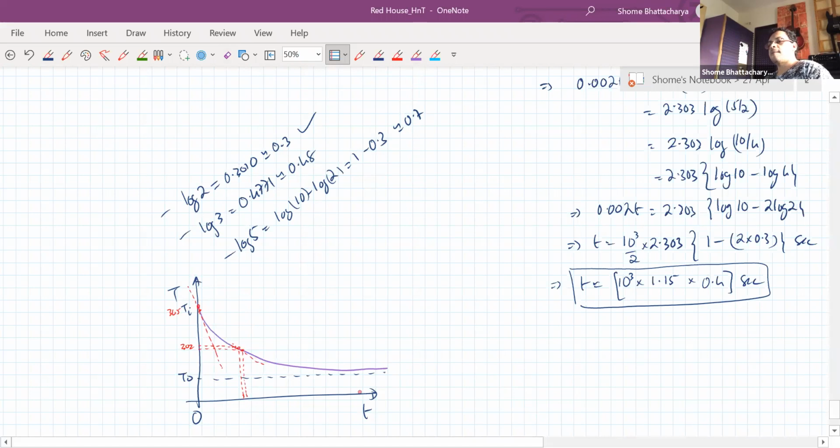You understanding? No? Okay, so this time corresponds to this temperature drop, if from 305 to 302.